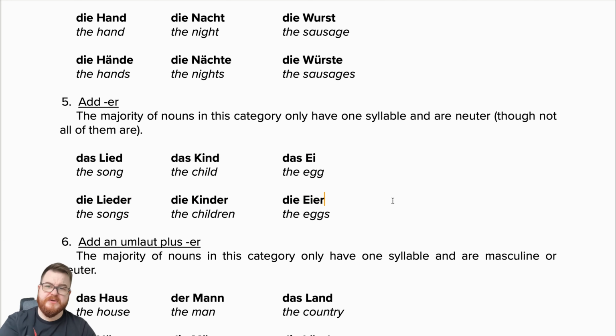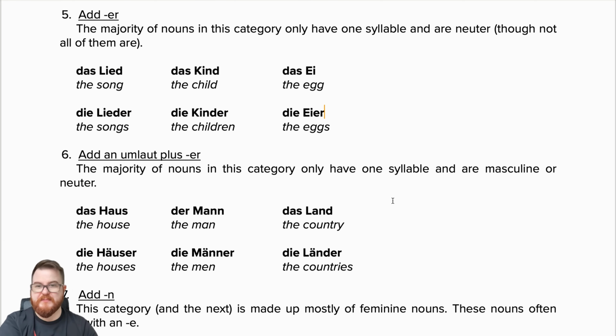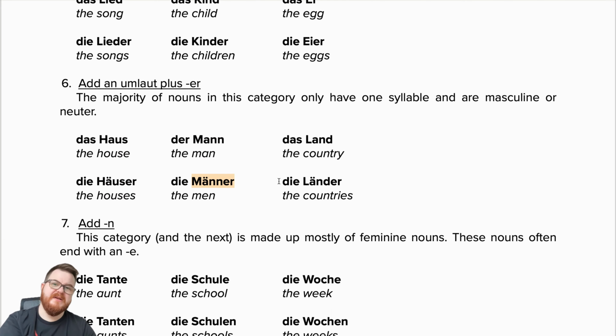Okay, neuter one syllable nouns. Category 6, umlaut plus ER. Again, these are usually one syllable nouns that are either masculine or neuter. Das Haus becomes die Häuser. Der Mann becomes die Männer. Das Land becomes die Länder.